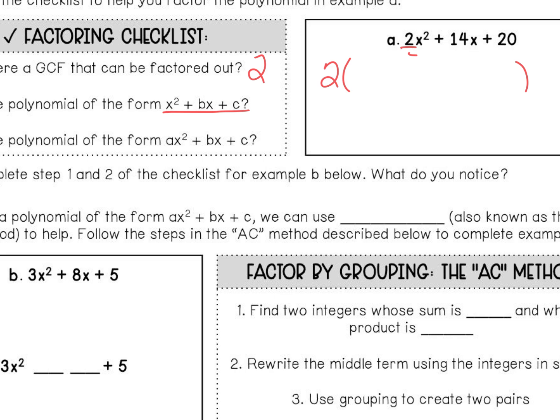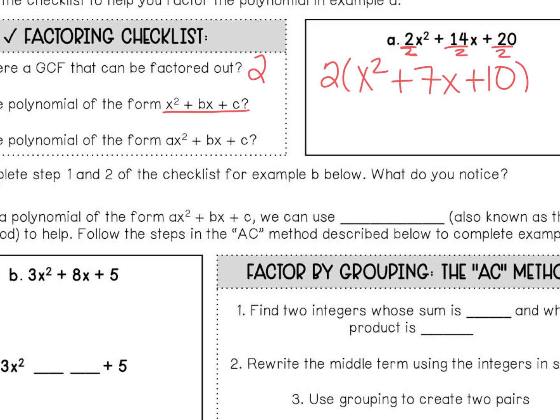So we're essentially going to divide all these by 2. And what do we get? What is 2 divided by 2? 2x squared divided by 2. X squared plus 7x plus 10. It's really important that you look for that GCF first because that's going to make your numbers much smaller, especially when we have to list those factors.